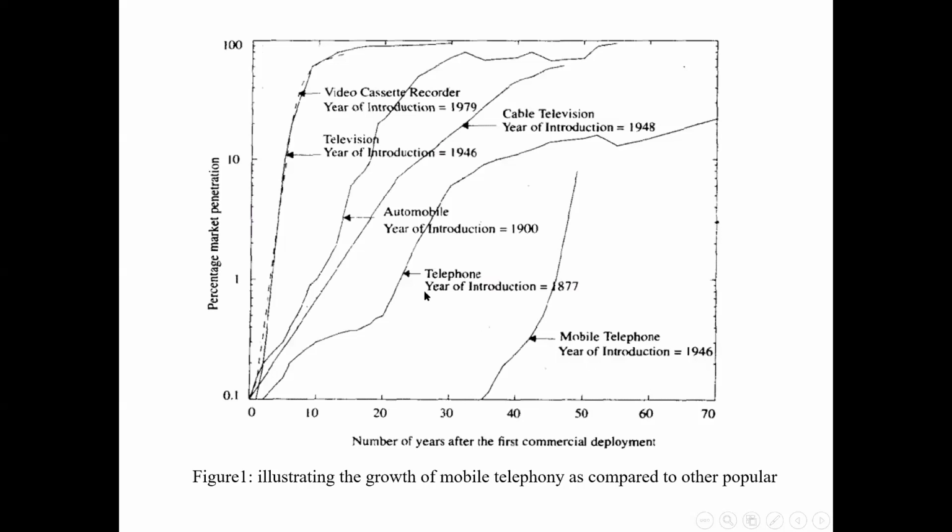We have different services, for example video cassette recorder, television, cable television, automobile, telephone, I mean landline telephones, and here we have a mobile telephone. When we compare the mobile growth with the other services, look, a sudden change in the curve has occurred.